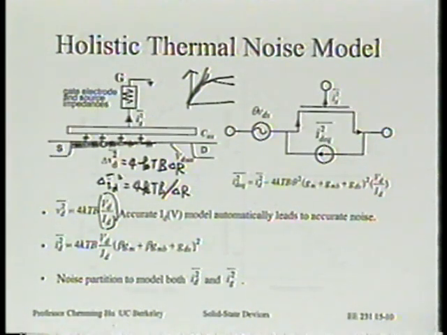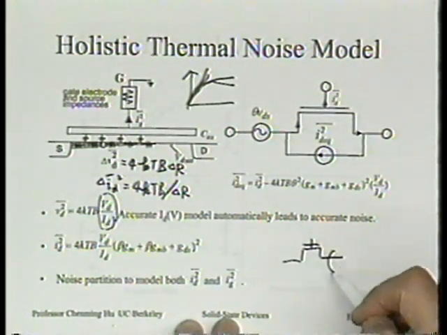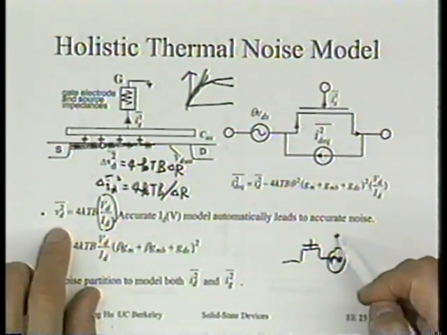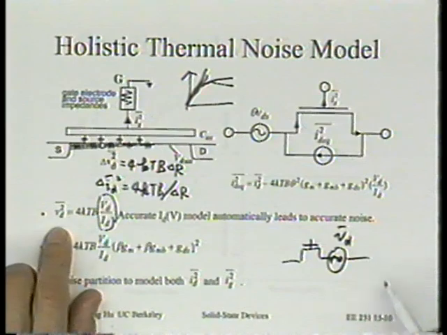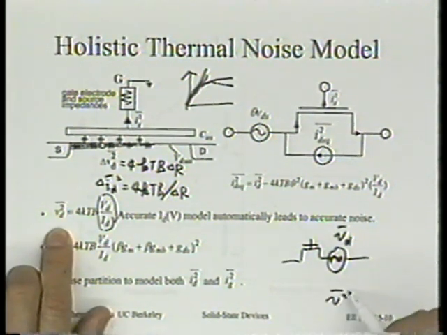One reason is simply because, if I have a transistor, and now we have a noise voltage in series, this is our noise voltage, suppose. Then, of course, I should have a noise current, which is simply equal to the noise voltage, perhaps divided by the channel resistance.